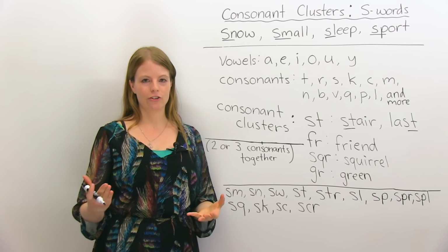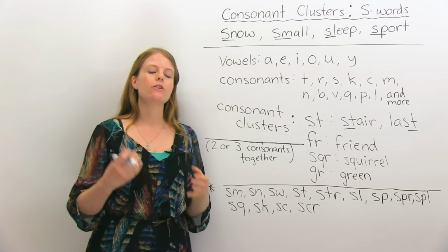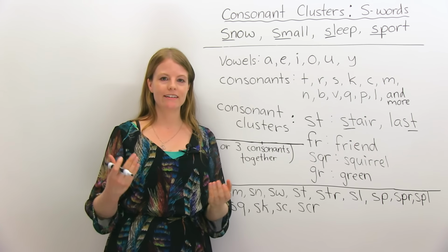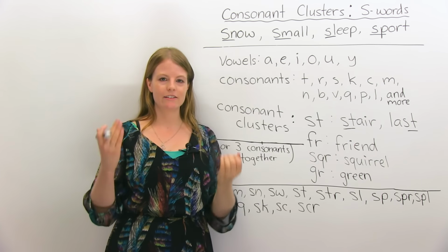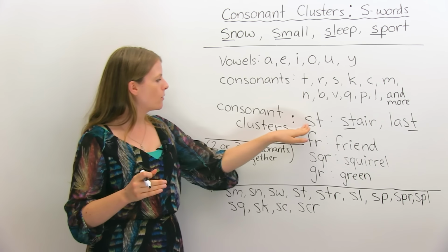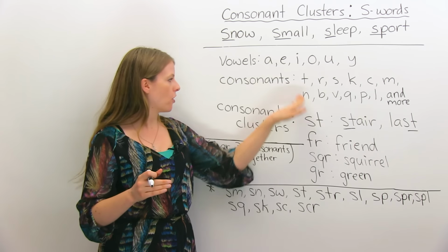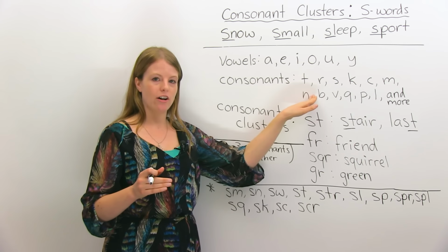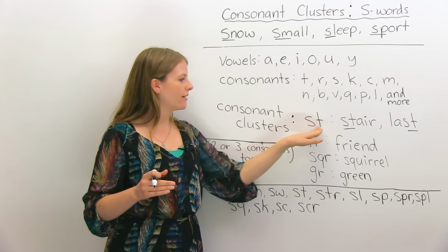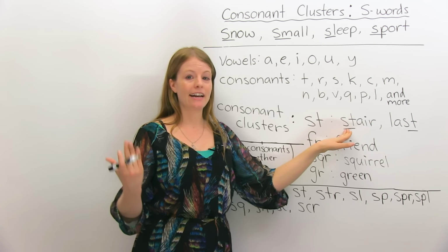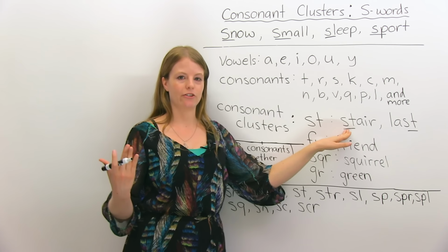So consonant clusters are where you have two or more consonants together in your pronunciation. And they make like one unit of sound. So for example, we have here S, which is a consonant, and T, which is a consonant. So when these two are together in the beginning or the end of a word, it's a consonant cluster.